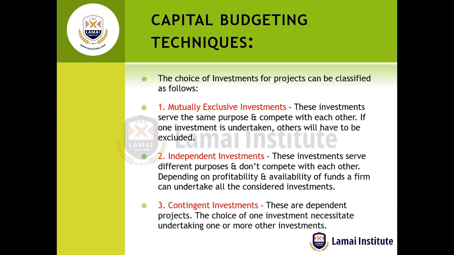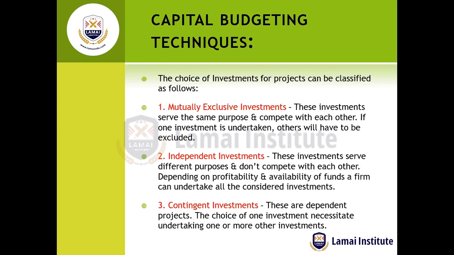Then thirdly, we have what we normally refer to as contingent investments. When you talk about contingent investments, these are simply dependent projects. What this means is that the choice of one investment will necessitate undertaking one or more other investments.